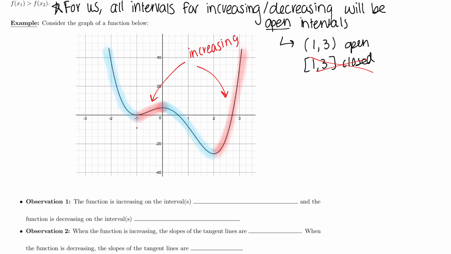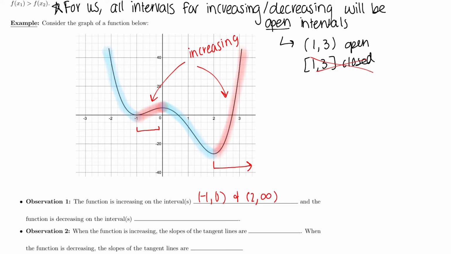So this first interval right here is from -1 to 0. And then the next interval is going to go from 2 onward, assuming this graph goes off the page.